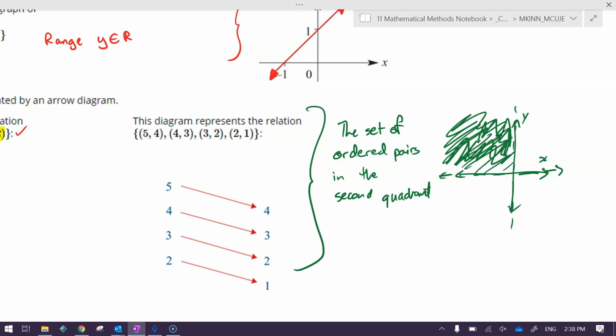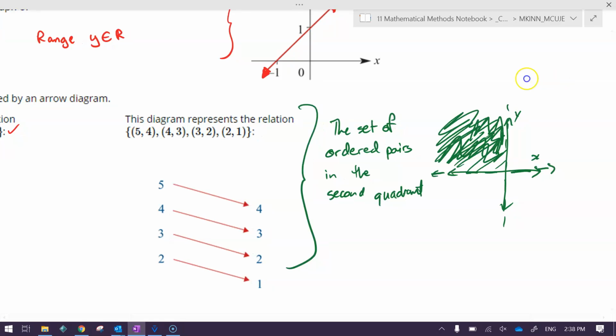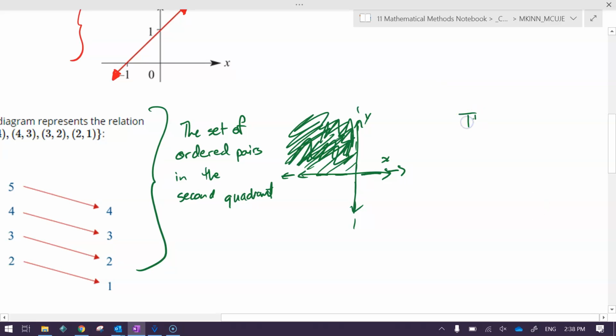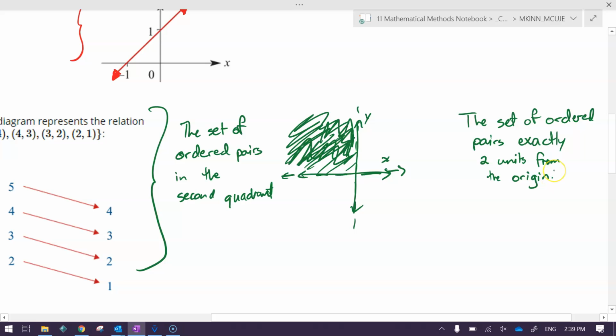Nothing wrong with that. I could have said the set of ordered pairs exactly 2 units from the origin. What would that look like?